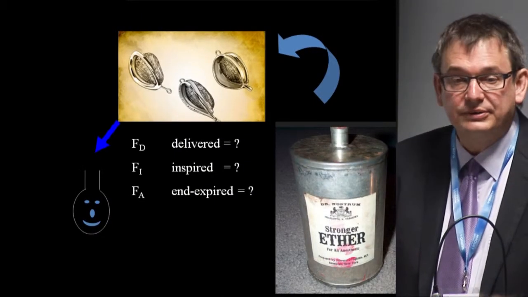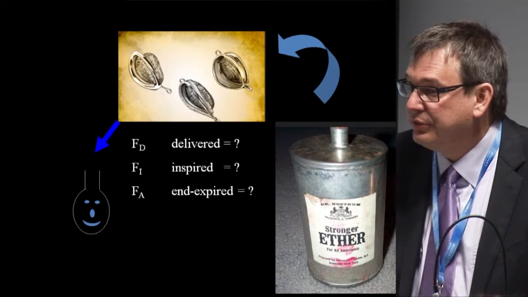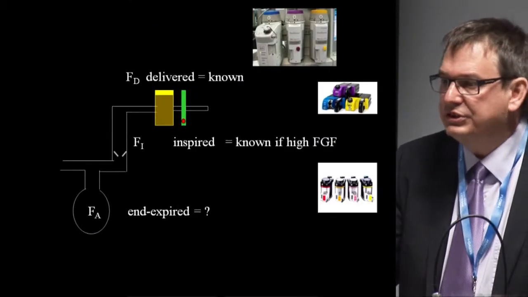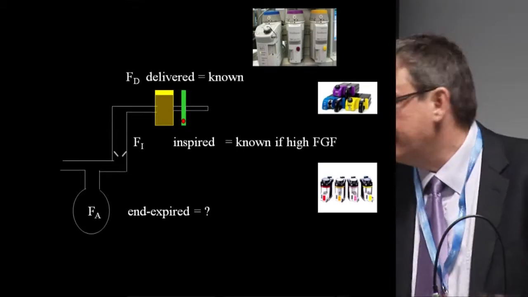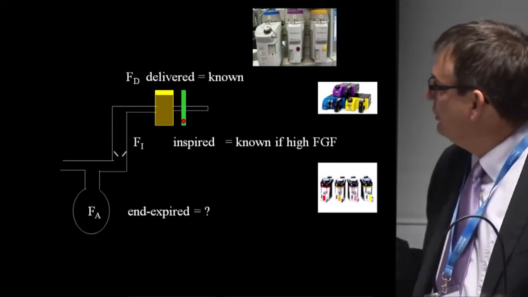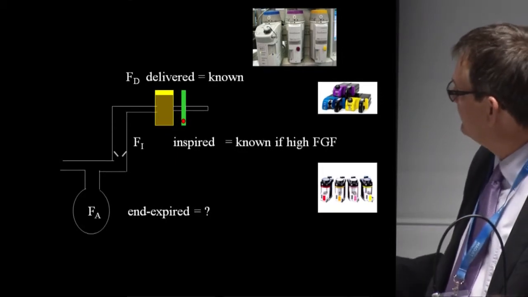About 150 years ago, we were giving anesthesia by pouring ether onto a mask. Obviously, it was hard to figure out what the delivered concentration of the inhaled anesthetic was. Then technology evolved and vaporizers became available. Because of the vaporizers, we knew what the delivered concentration was.